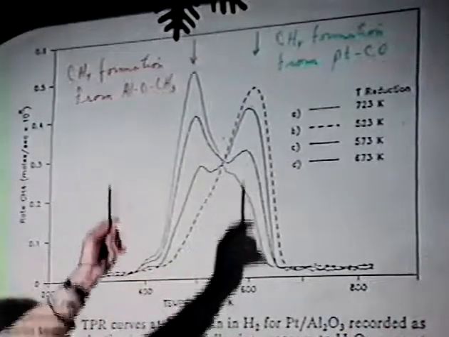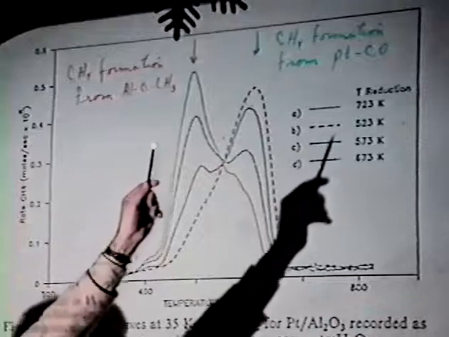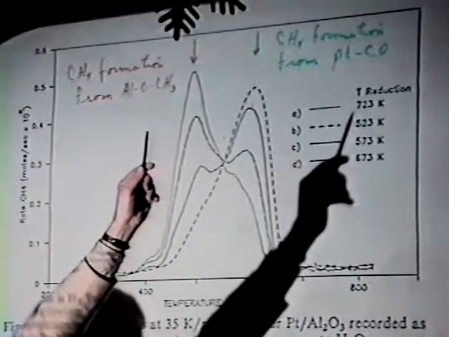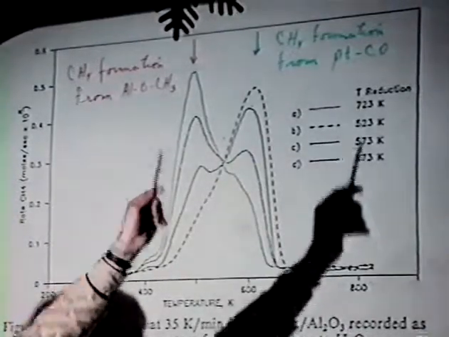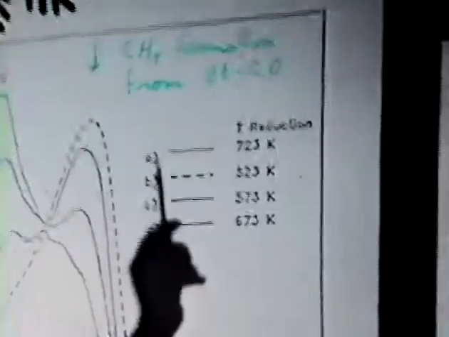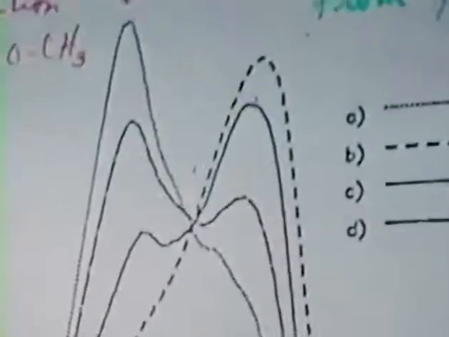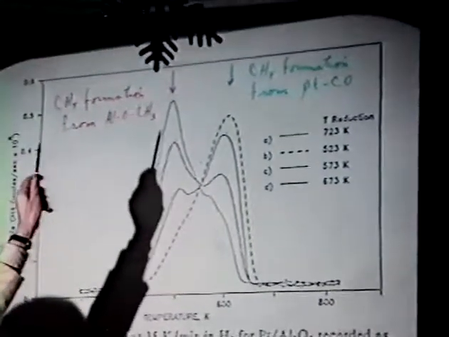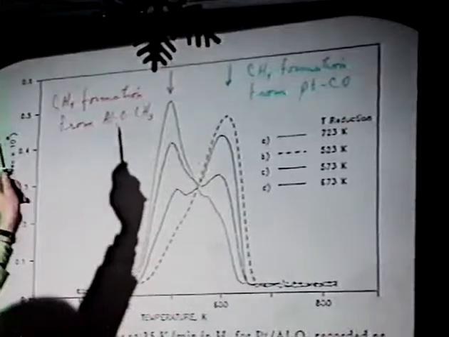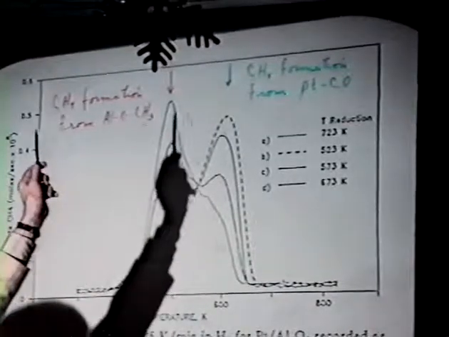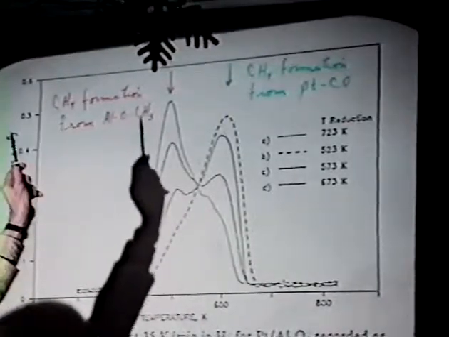experiments. And what's changing these is the temperature at which you reduce the catalyst, but as you reduce to higher and higher temperature, in this case the higher temperature 723, you dehydroxylate the alumina, and you make a site to move the CO off of the metal and out here on the alumina. And so the more dehydroxylated the alumina is, the more you make of this species.